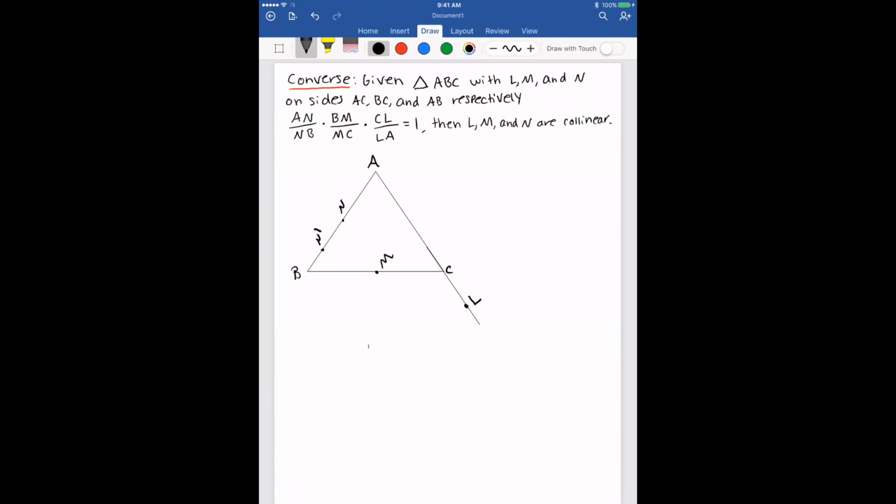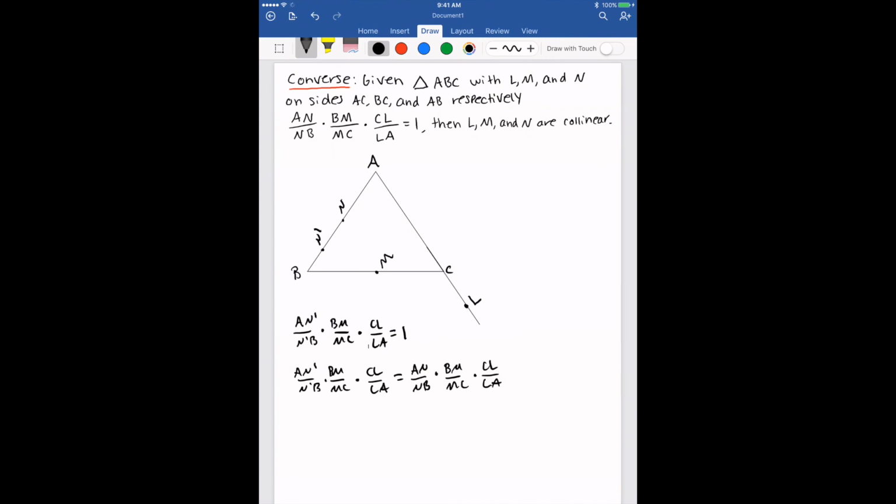From the theorem, we now get that AN prime over N prime B times BM over MC times CL over LA is equal to 1. Since both of our equations are equal to 1, we get that AN prime over N prime B times BM over MC times CL over LA is equal to our original equation, AN over NB times BM over MC times CL over LA.